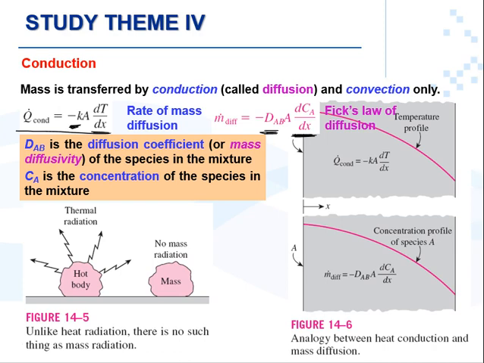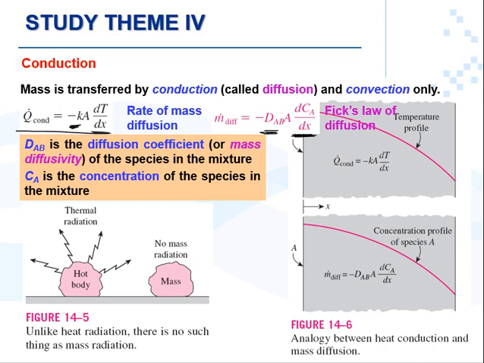We can also show a differential equation for both of them. They have different forms, but in principle they are the same. Basically, mass diffusion, or mass conduction, is one constant multiplied by surface area multiplied by concentration gradient.